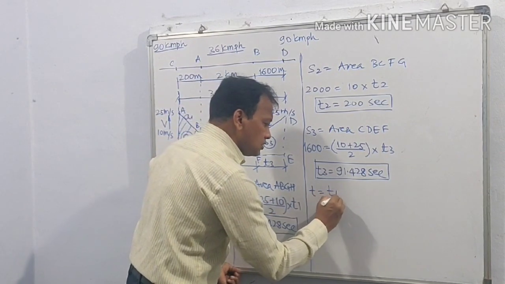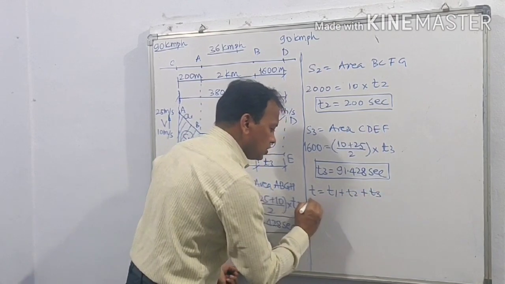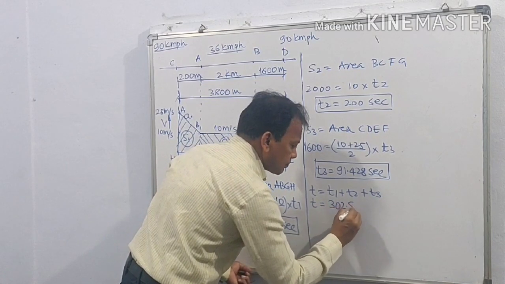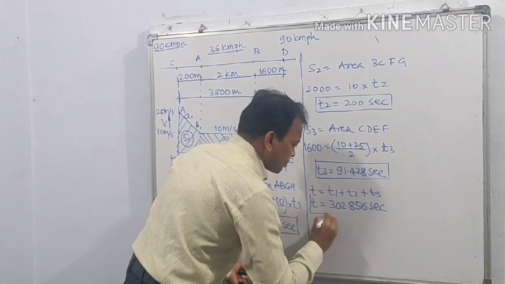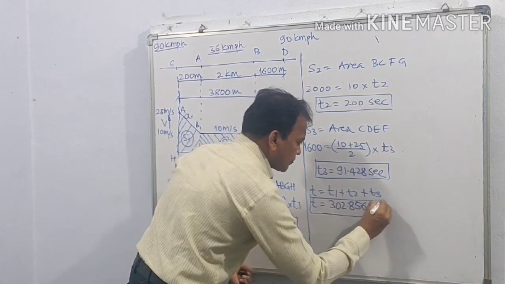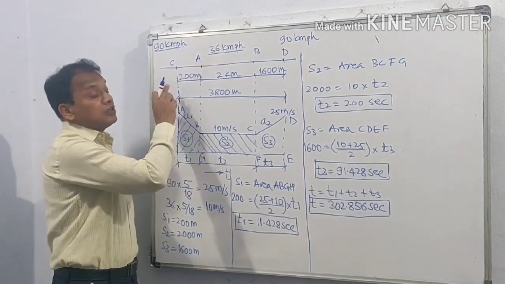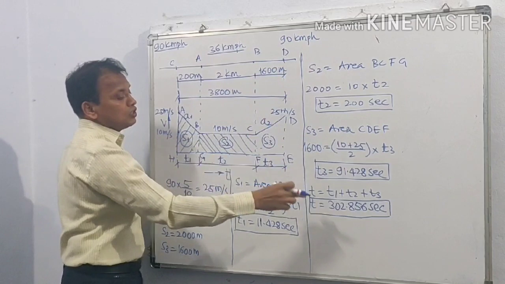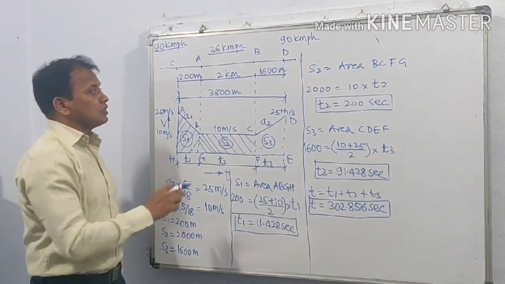So total time required for the journey. Total time T is equal to T1 plus T2 plus T3 is equal to 302.856 seconds. So total time taken by the train to travel from C to D is 302.856 seconds.